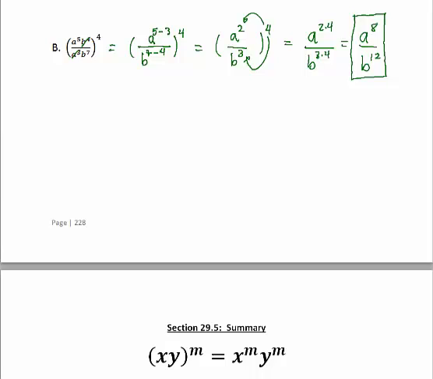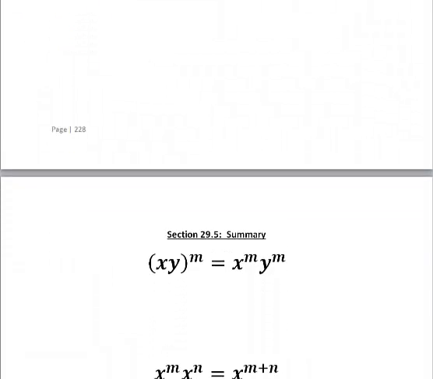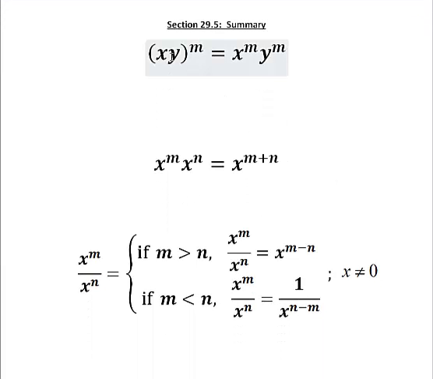Okay, that's pretty much the last example of the chapter. The last page of the chapter is simply a summary of the rules that we've learned. This first one is the power rule.